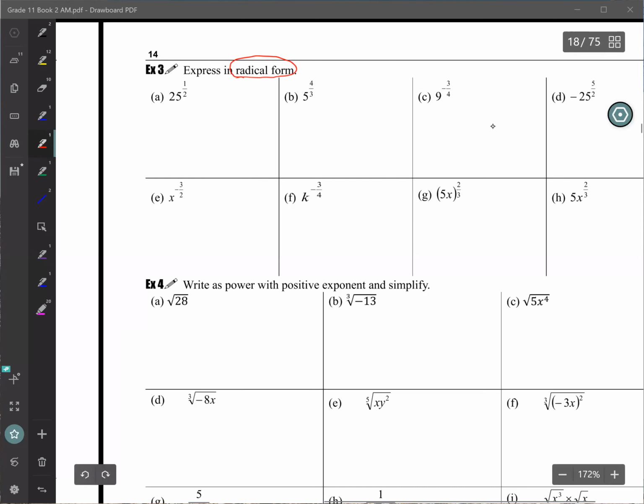Okay, if you finish, you can raise your hand. Some questions have brackets, some have no brackets. Actually, only one has brackets. And some questions have a negative exponent. Remember, you don't need to evaluate, just leave it in radical form.